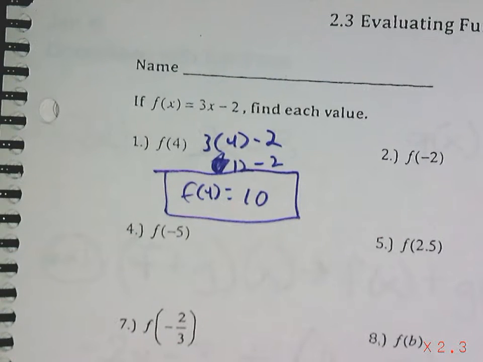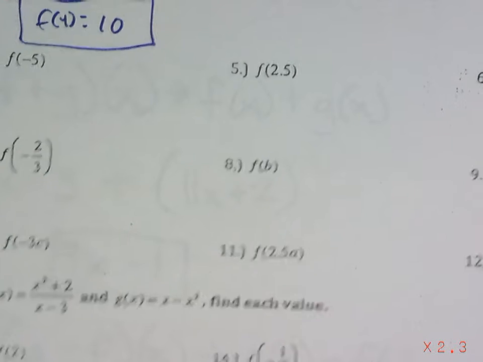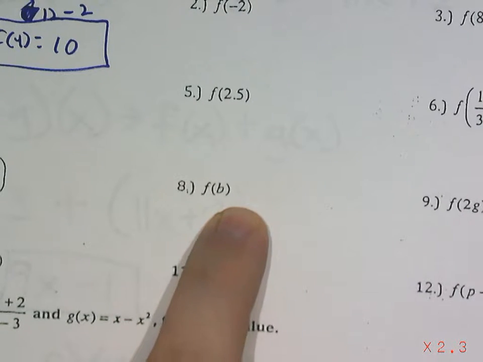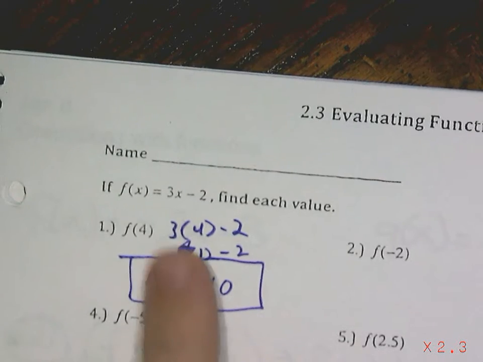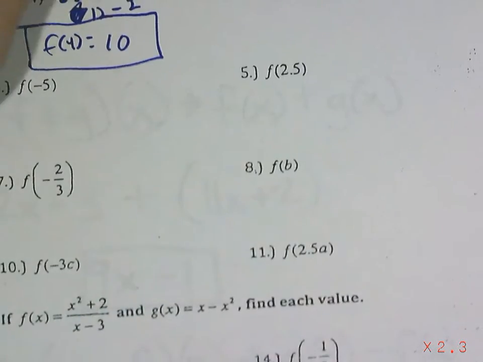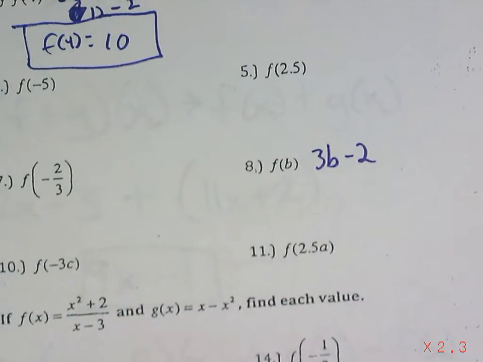That's really all it wants you to do, just figure out the output given some kind of input. Sometimes it might be a fairly simple input, like 4, or it might be another variable. So f of b, it's wanting me to replace my input of x with an input of b. It's going to be pretty easy. All I'm going to do is replace the x with b, and it'd be 3 times b minus 2.